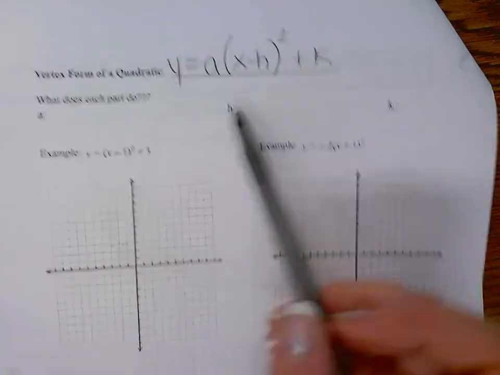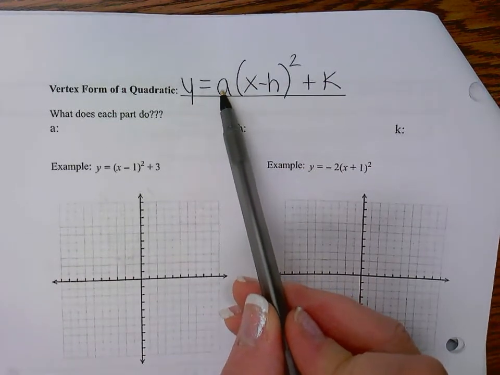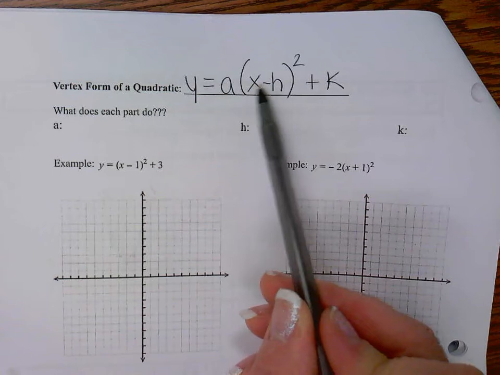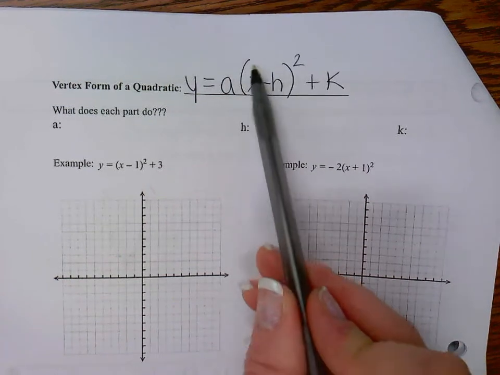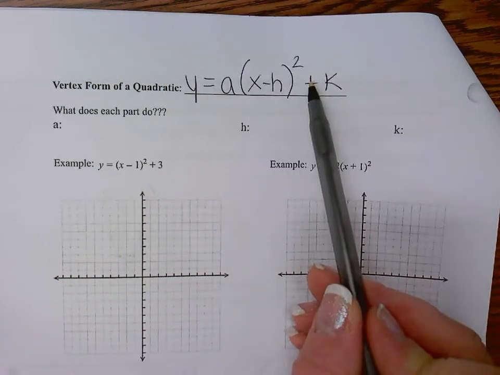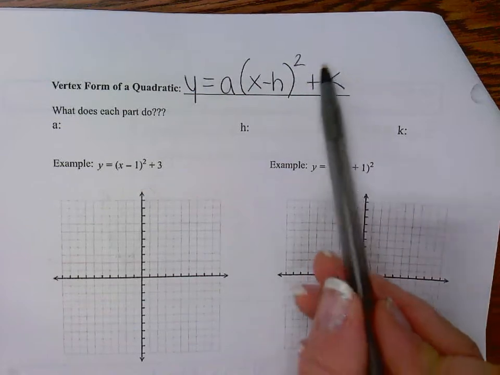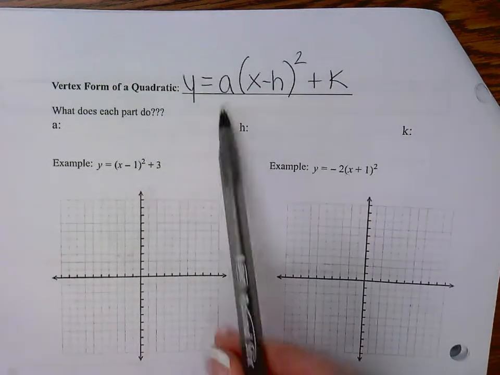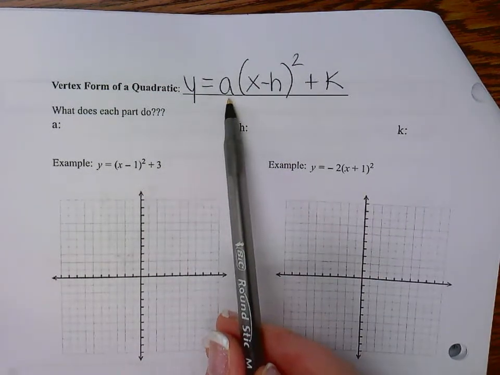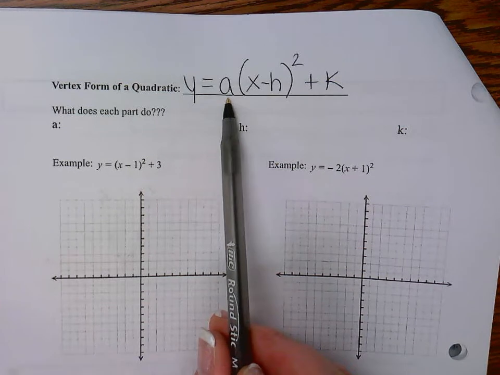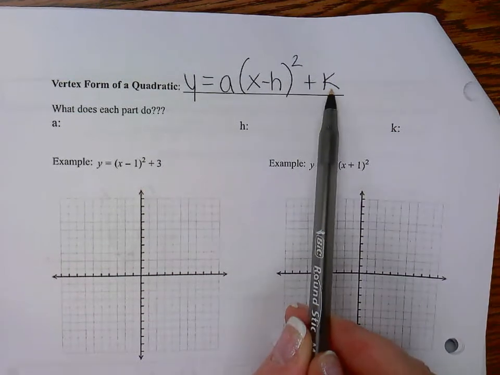So it's a for the steepness, (x minus h)squared. h represents if it's going to go right or left, and then plus k represents if it's going to go up or down. a, you saw in standard form, same job. But h and k are different constants instead of b and c.